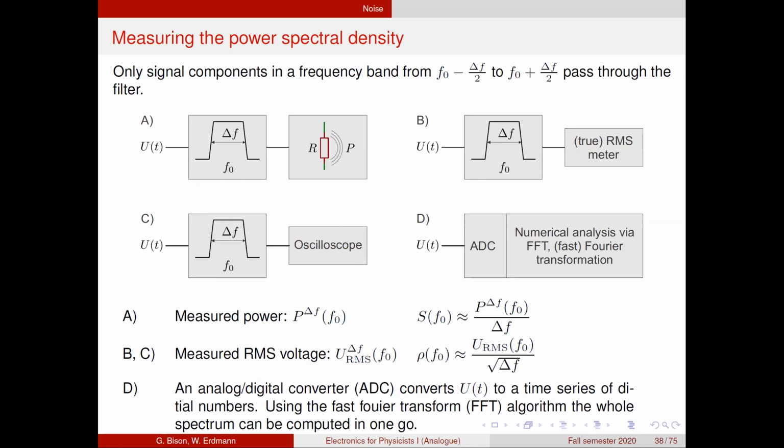The most modern and most efficient way is to convert the signal to digital and then calculate the spectrum. You need an algorithm to go from a time series to a spectral dependence, and that's almost always done with a fast Fourier transform, FFT, which gives you all the frequency components in one go.